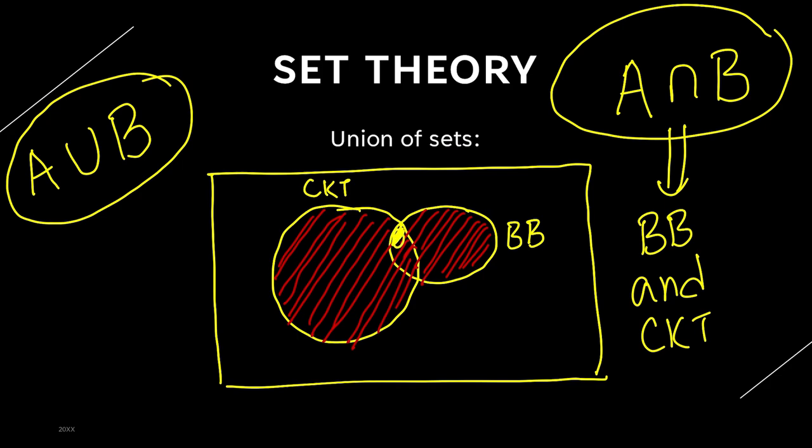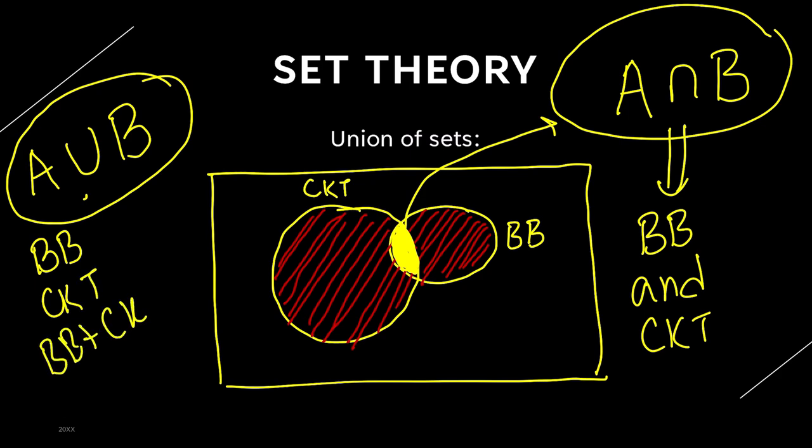Means only this part. This means they have taken either basketball or cricket or even basketball and cricket. I hope this is clear. Basketball, cricket and basketball plus cricket, everyone is included in union.